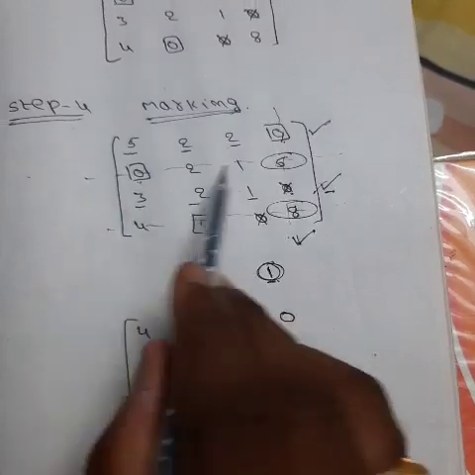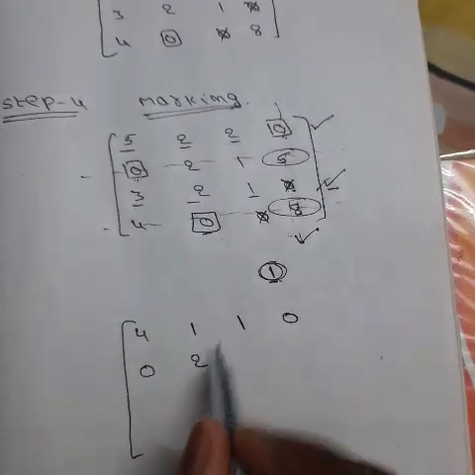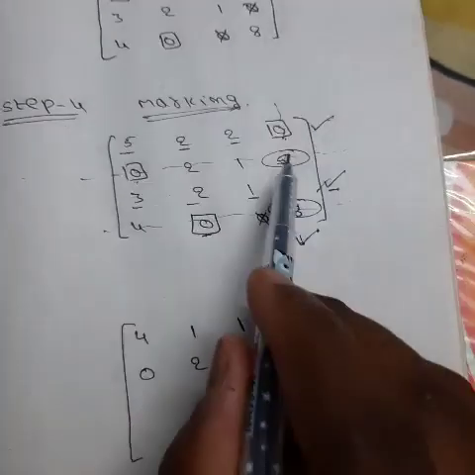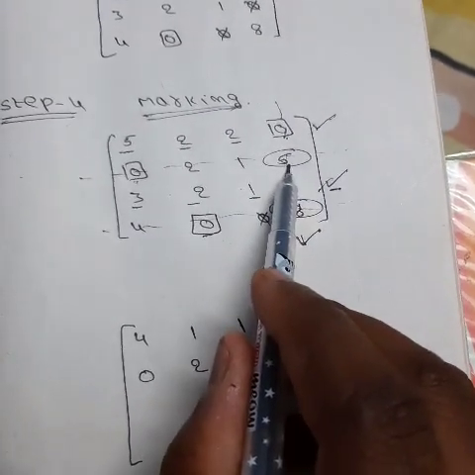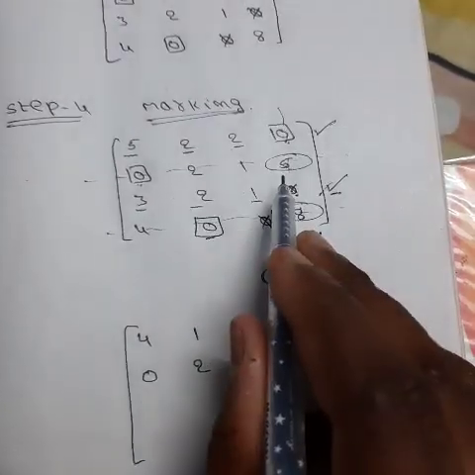Here 0 possesses a striking line, so 0 remains the same. 2 is also having a striking line, 1 is also having a striking line, whereas 5 is an intersection point, so you have to add this one in intersection points.